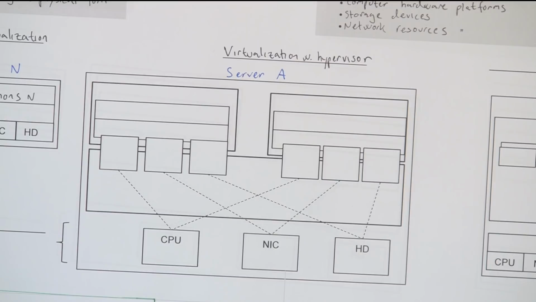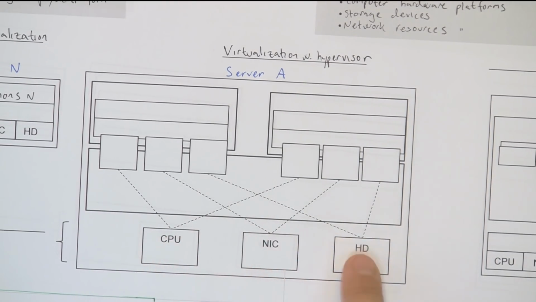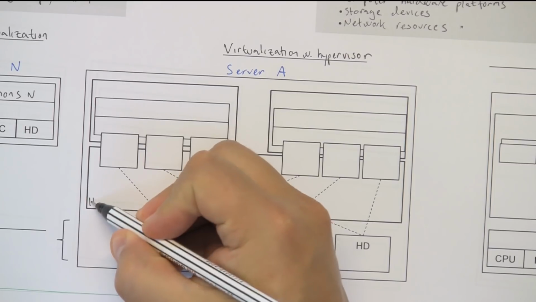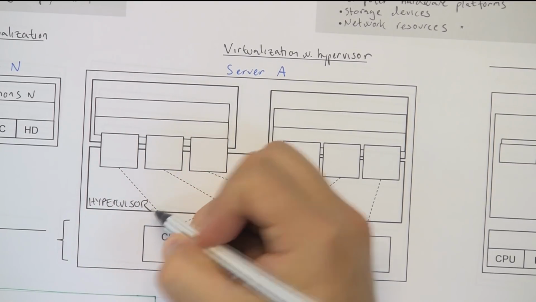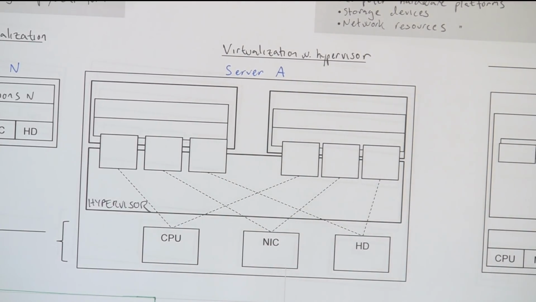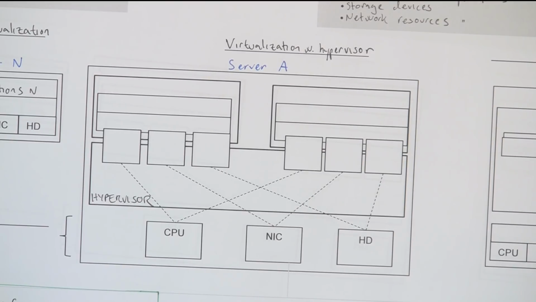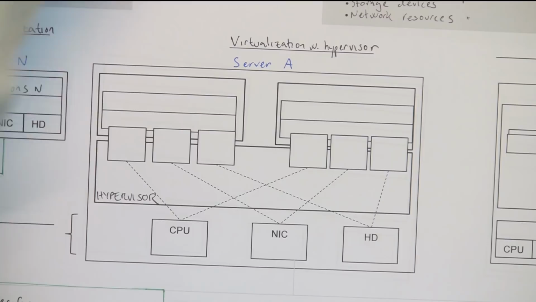And here we have CPU, network card, hard drive. We have the hypervisor that we talked about, so I'm going to put that in here. Hypervisor, like this. That's this big black box here, which means we can run virtual machines.